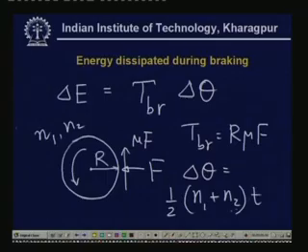So, this is the total angular movement of the disc, and the braking torque is R times mu times F. From this we can calculate what is the force required.